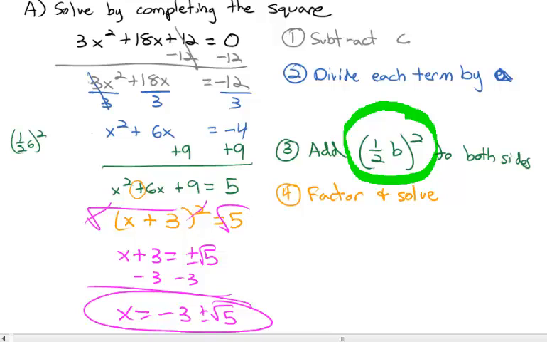We're going to go through a very similar process for today's lesson to do what I'm going to call completing the square on an expression.